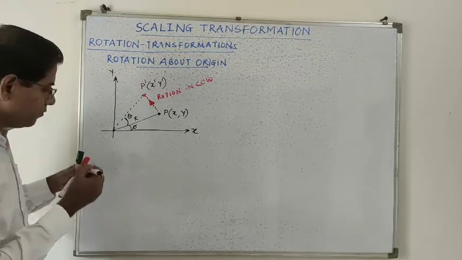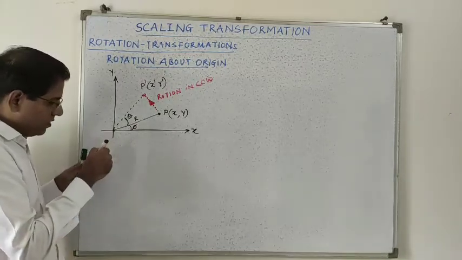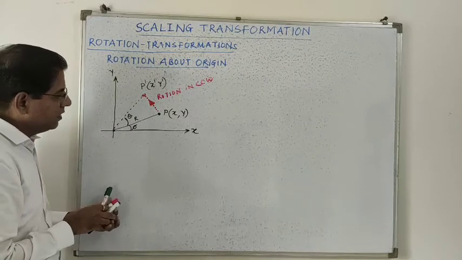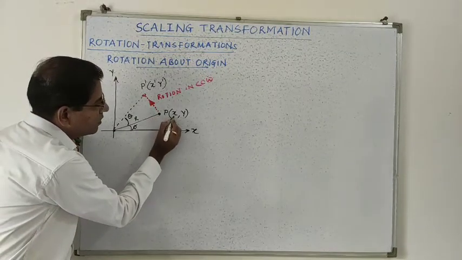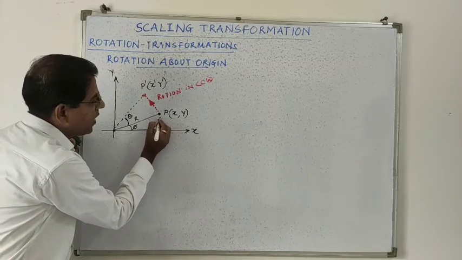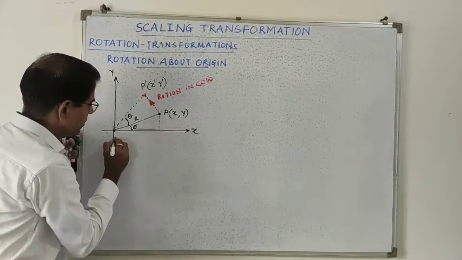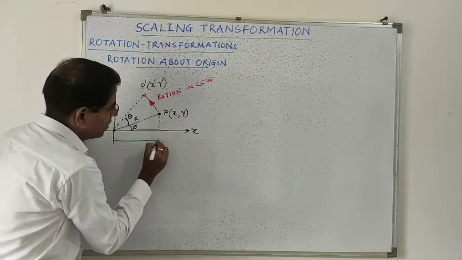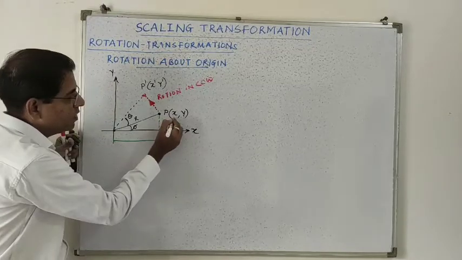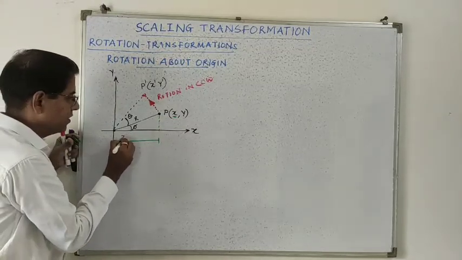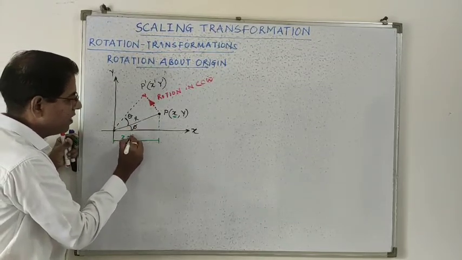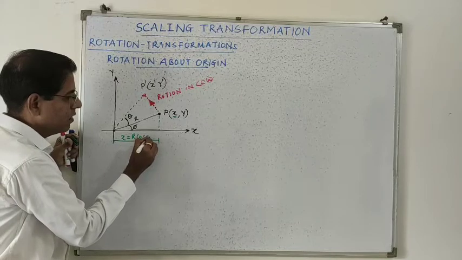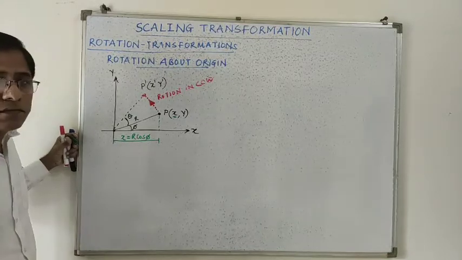Now from the figure we can see that this is x coordinate and y coordinate. So this distance is how much? It is x, which is nothing but r cos phi, right?